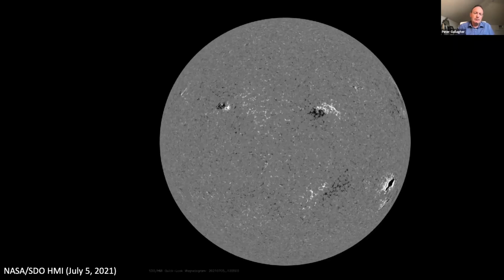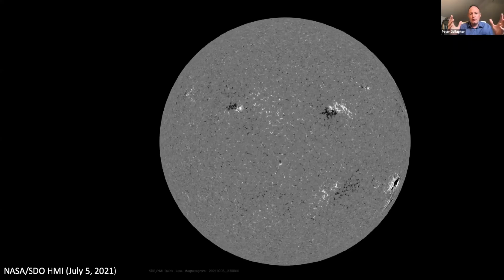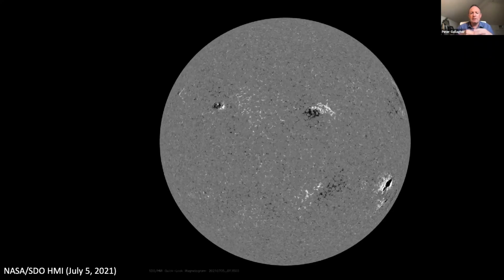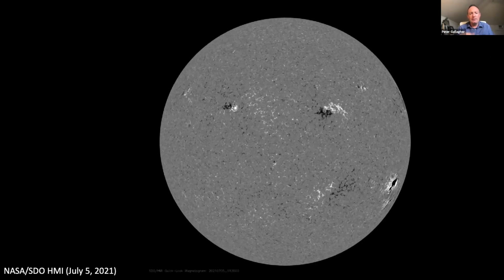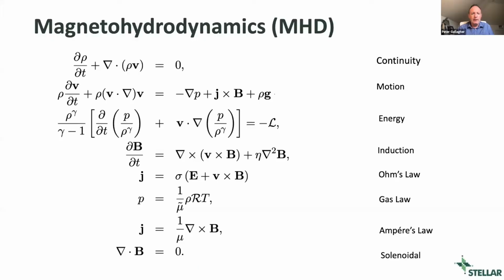And in order to model it, you use a set of equations called Magnetohydrodynamics. Now, these are a bit scary looking the first time you see them. Here they are in all their beauty. The MHD equations, in essence, bring together Maxwell's equations and some fluid equations and the gas law.